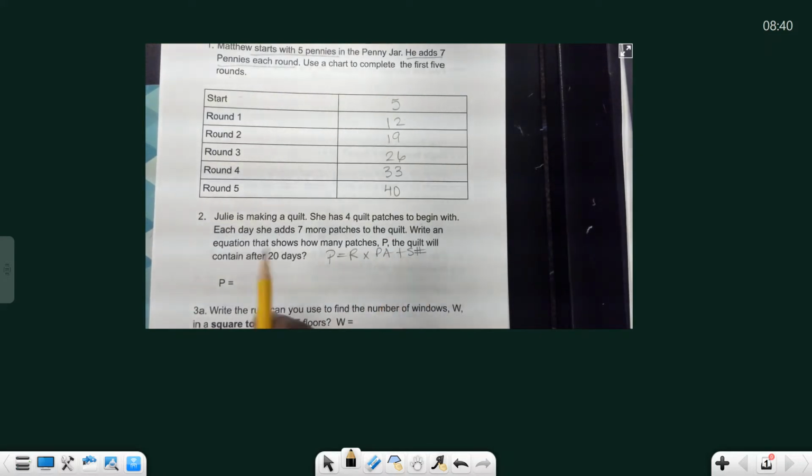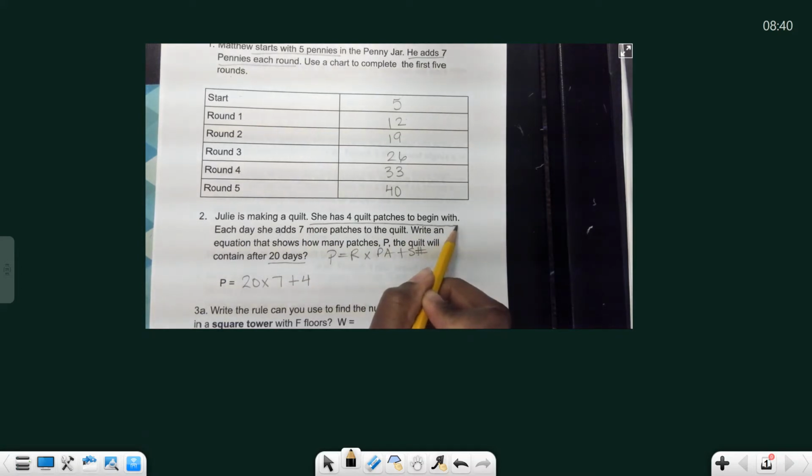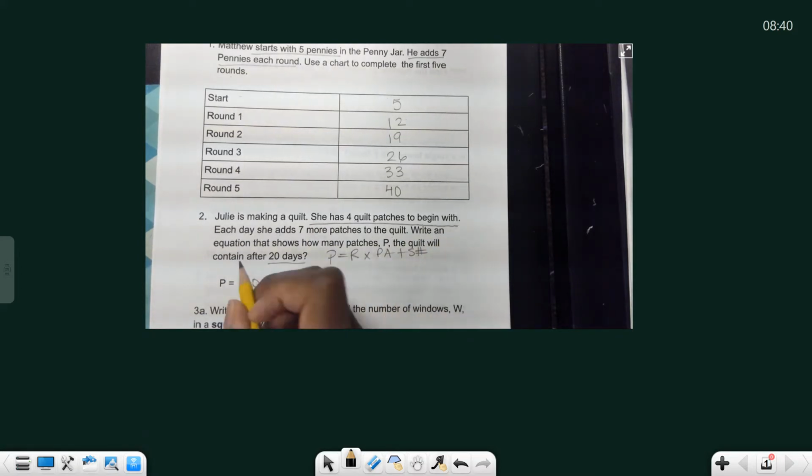Alright, so let's substitute everything in. We have P here, the round we're looking for, which is 20 days. So P equals 20. What's her pennies added? 7. And what did she start with? 4. She has 4 quilt patches to begin with. This is why reading is very important. It has all the information there.